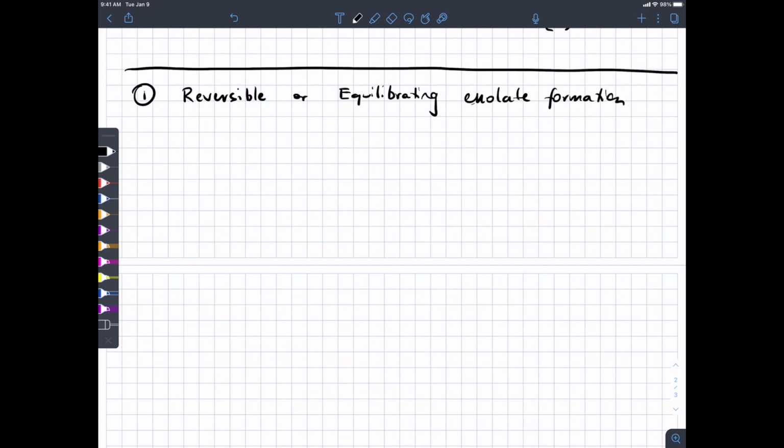What do we mean by that? Well, imagine you take our ketone that we started with, and imagine you use as a base, let's just use OH minus. Now the pKa of this alpha proton we've said is 20. And if we imagine what the position of this equilibrium is, we could draw the conjugate base.